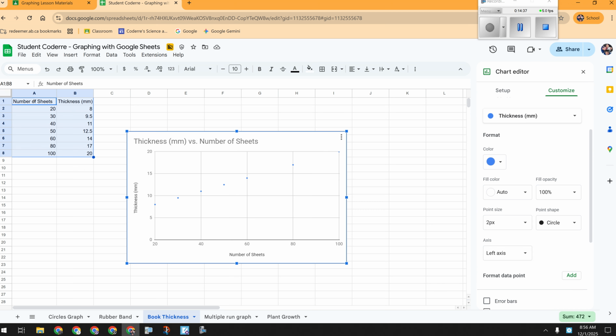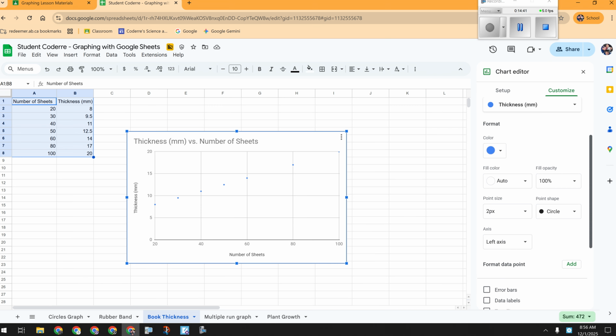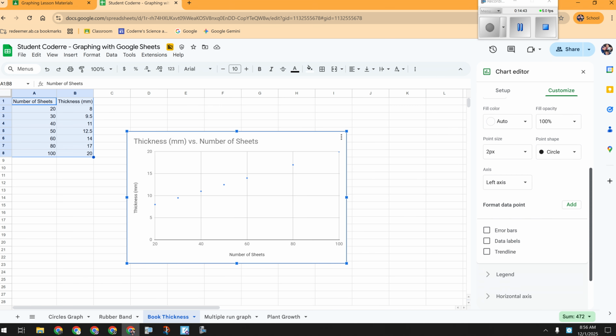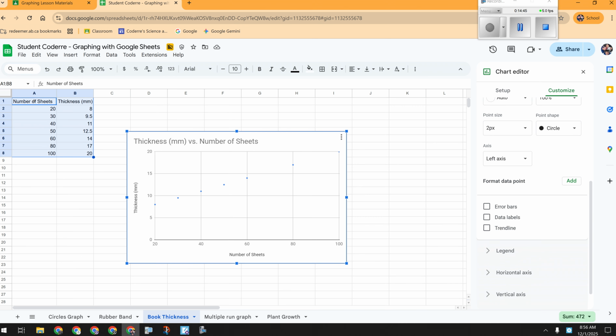And what we want to do is scroll down a little further here to these 3 check boxes. One says error bars, one says data labels, one says trend line.